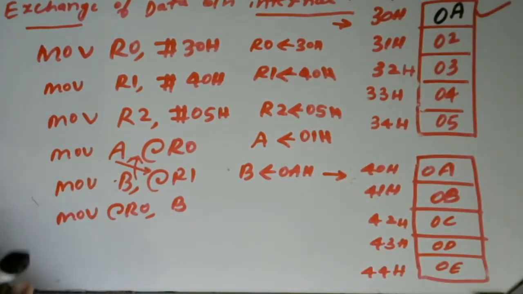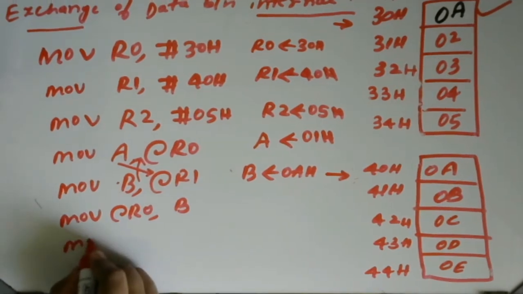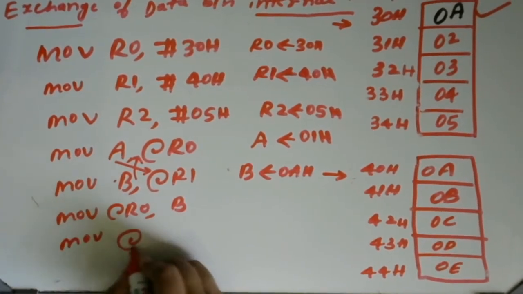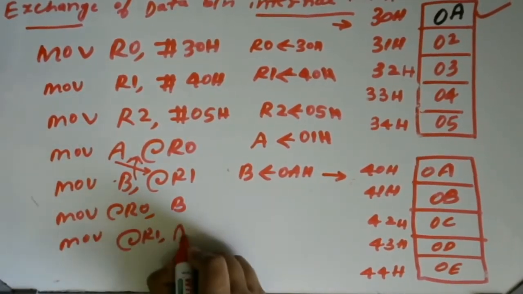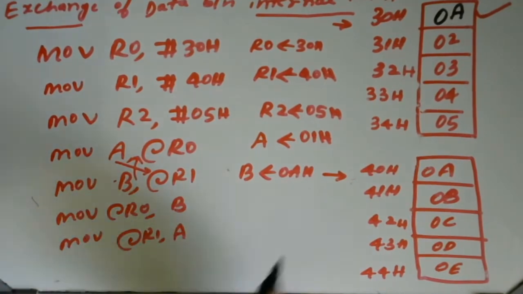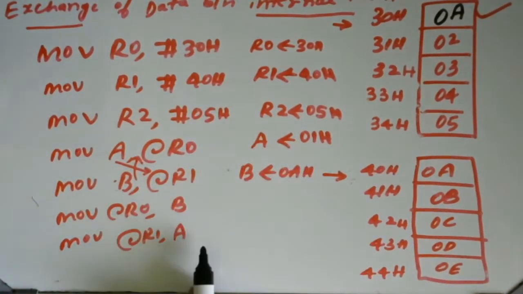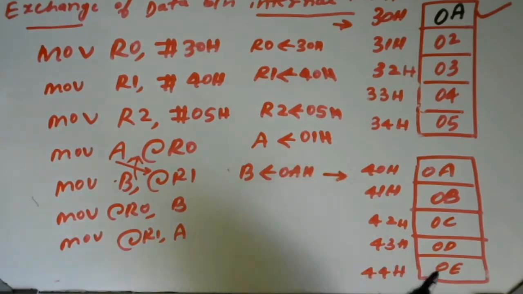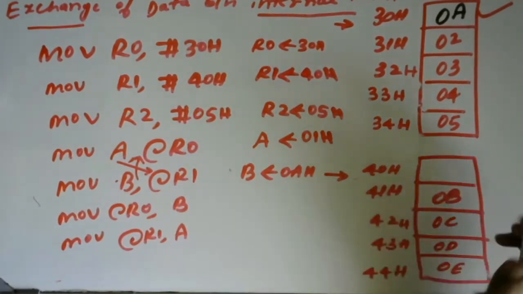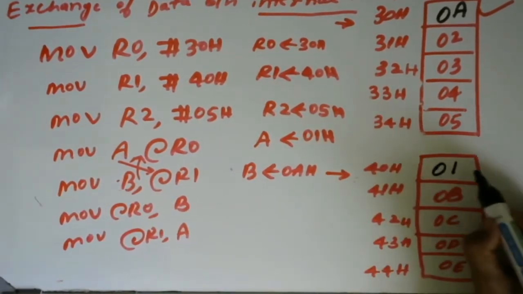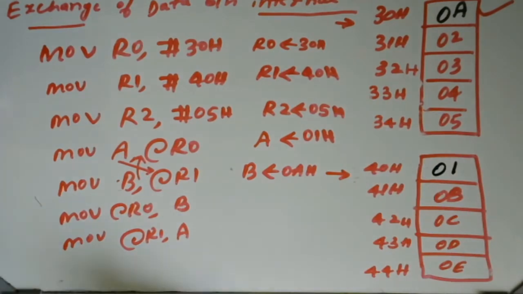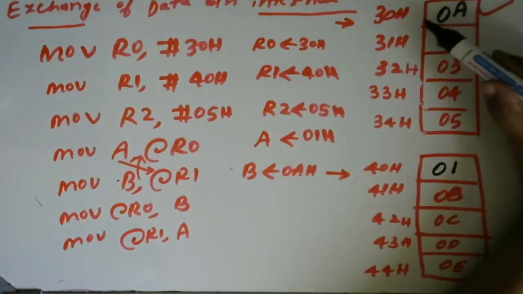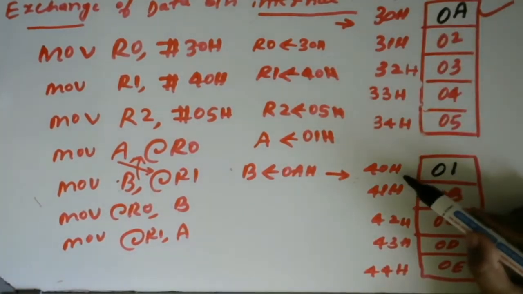Next, similarly, if I use MOV @R1, A, the accumulator is having 01H, so that will be moved into the 40H location. So 40H will have the data 01. So we have successfully exchanged the data between the 30H memory location and the 40H memory location.